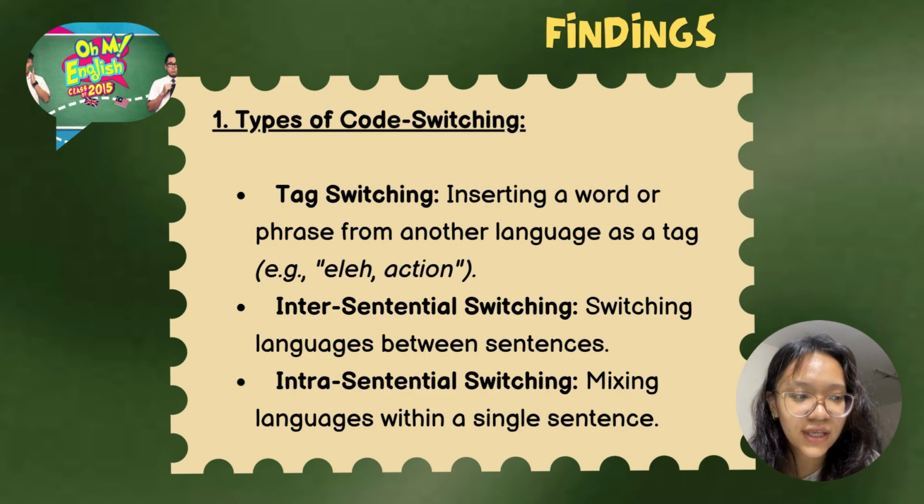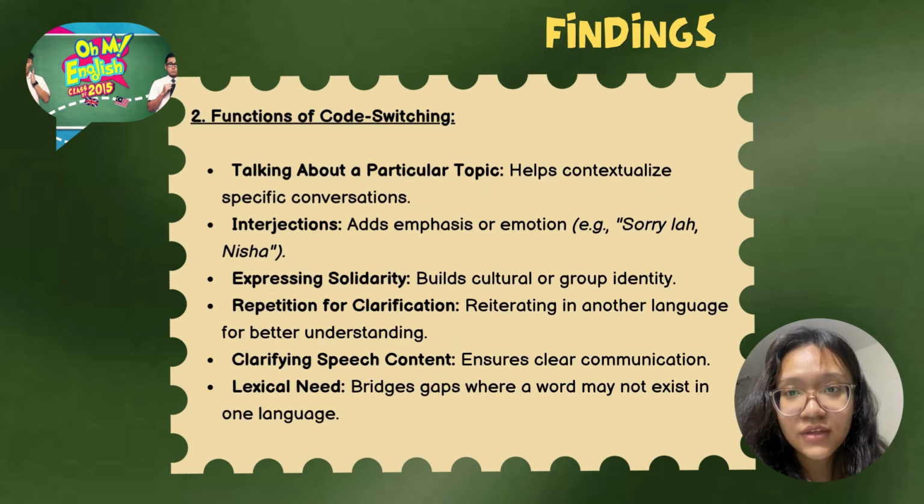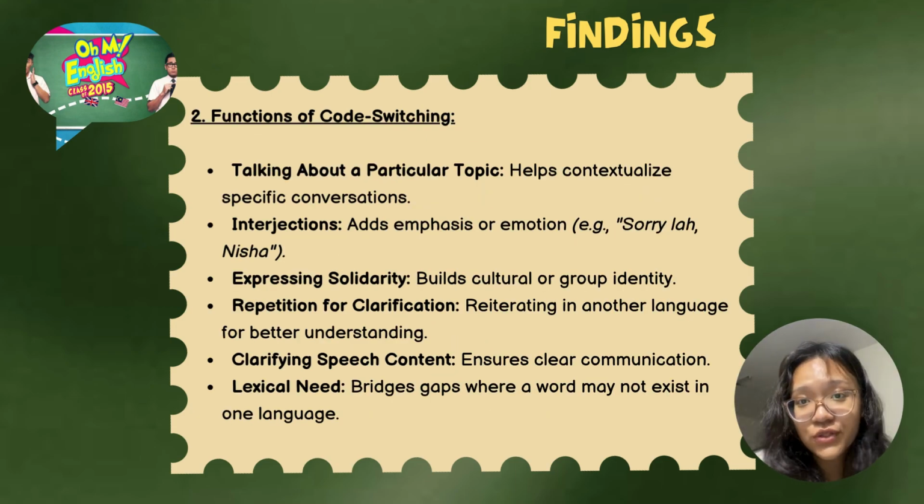So, for example, like "ele" or "action," you know. And then intersentential switching, which is switching languages between sentences, as well as intrasentential switching, which is mixing languages within a single sentence.